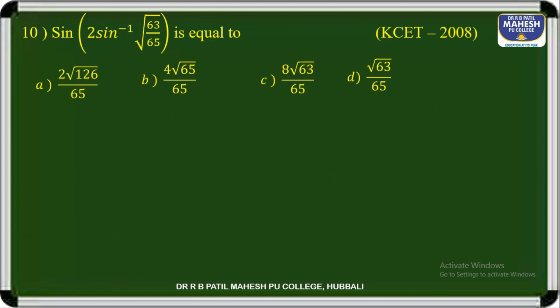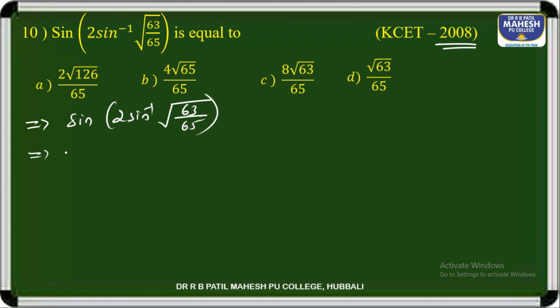Number 10. Similar to the previous question, asked in the year 2008 CET. So let us take the given expression, sine of 2 sine inverse root of 63 upon 65. I'll follow the same method as I solved in the previous question, treating this as theta, where theta is equal to sine inverse of root of 63 by 65.